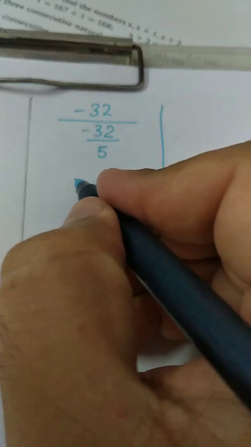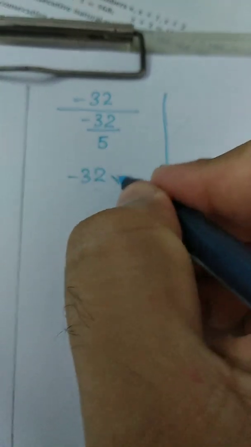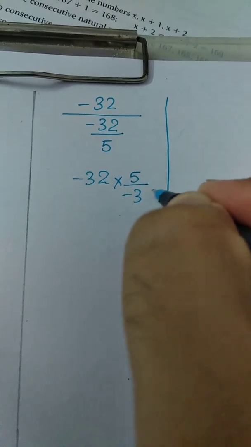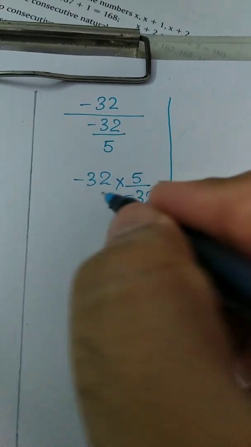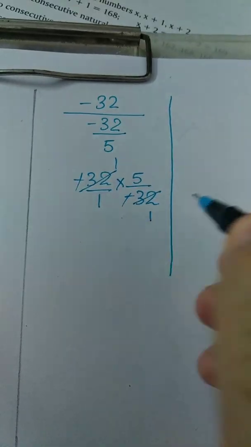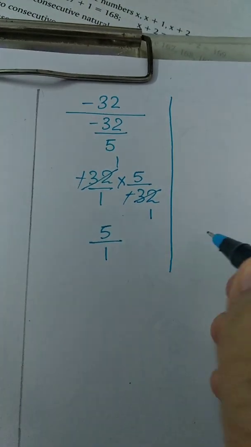So minus 32 multiply by 5 upon minus 32, right? Minus से minus का 2 है, 32 1 जा 32, 32 1 जा 32. So 1 multiply by 5 is 5 upon 1 multiply by 1 is 1.